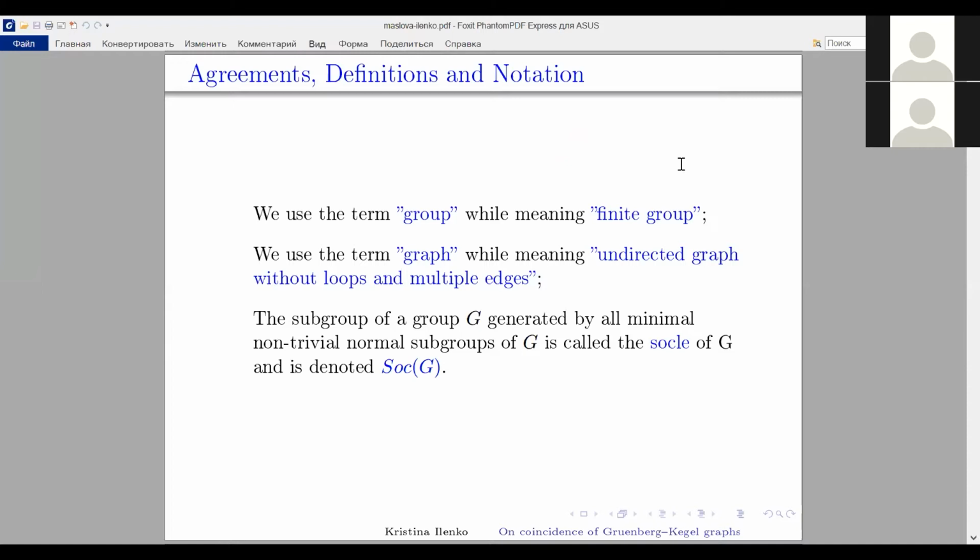The subgroup of a group G generated by all minimal non-trivial normal subgroups of G is called the socle of G and is denoted as indicated on the slide.